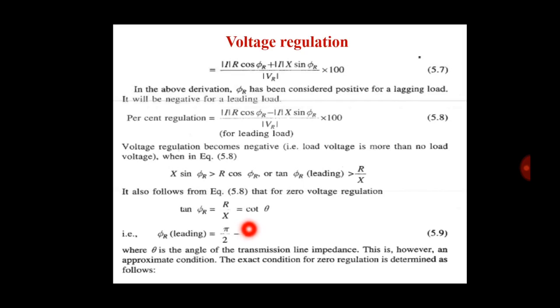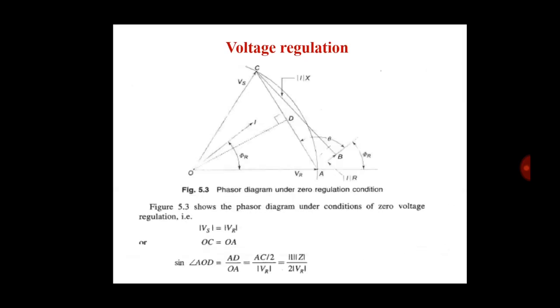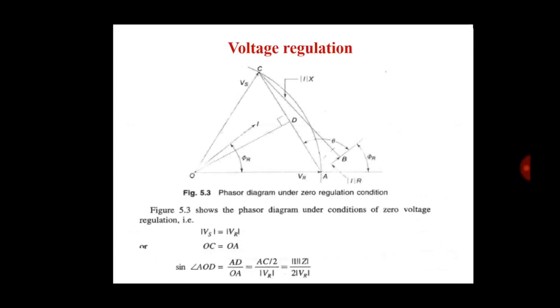This is however an approximate condition. The exact condition for zero regulation is determined as follows. Here we take VR and VS. First we draw VR, that means OA.